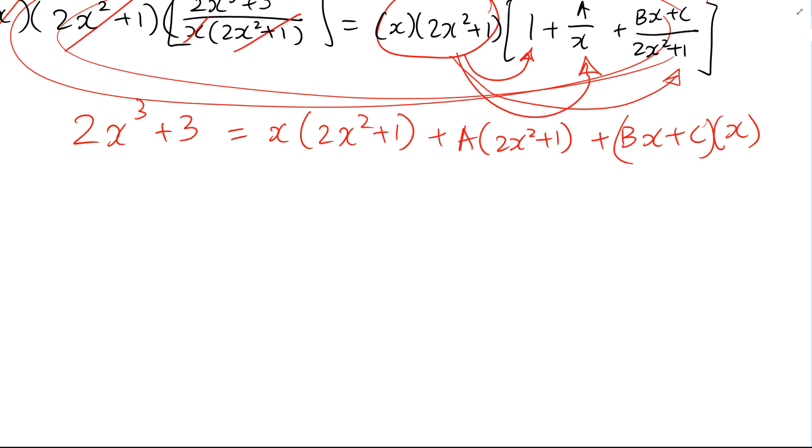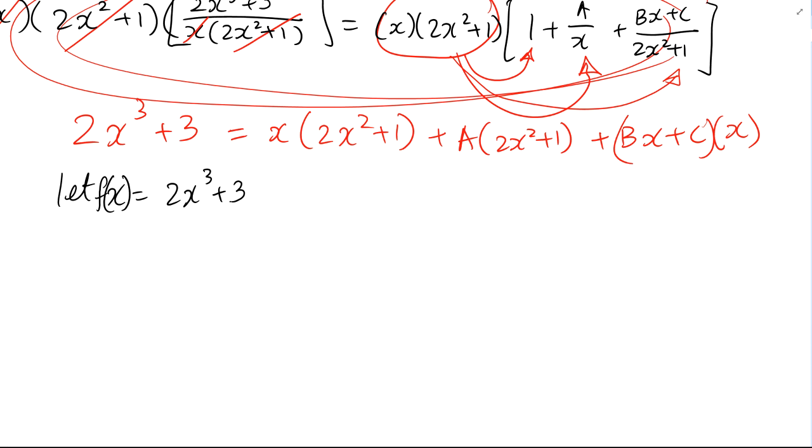So how do I find A, B, and C? Let f(x) equal 2x cubed plus 3. Then what do we do next? Let something equal 0. Which one do you want to make equal to 0?